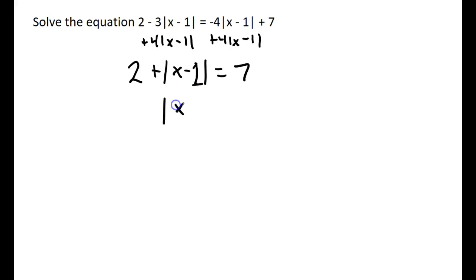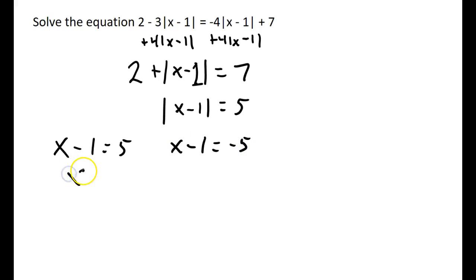Subtract 2, the absolute value of x minus 1 equals 5, and then we go with our positive and negative case. So x equals 6, and here x equals -4. So we have two answers, -4 and 6.